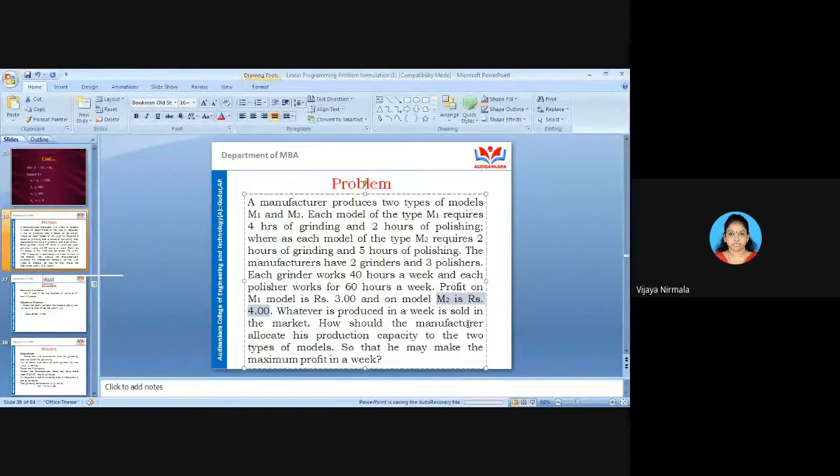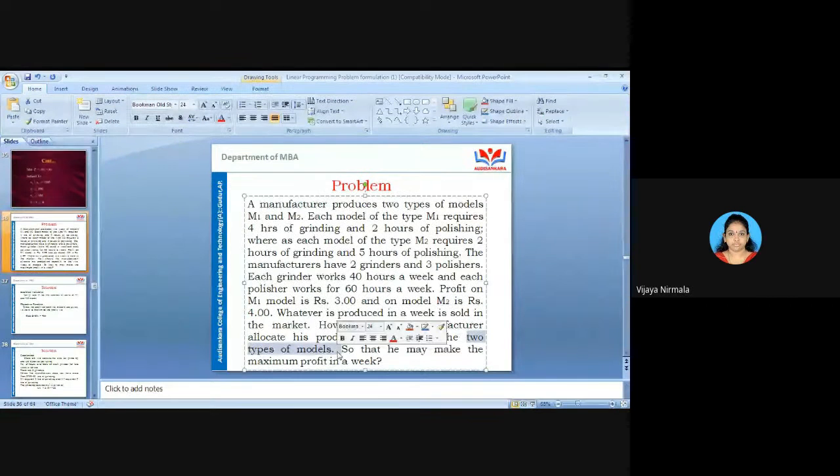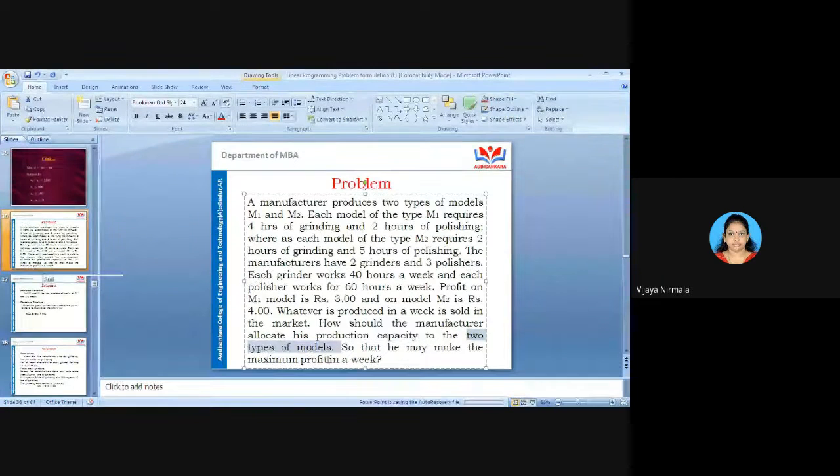So how should the manufacturer allocate his production capacity to the two types of models, so that he may make the maximum profit in a week?